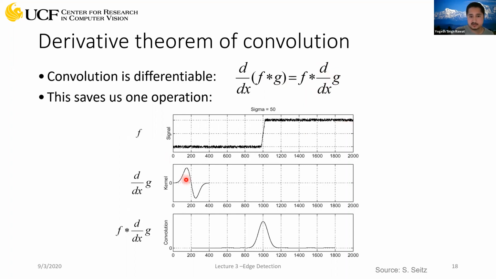Now, another question is how we get this derivative of Gaussian. Let's try to discuss that. This is also a Gaussian here, right? It's a nice Gaussian. And the way we get this derivative is, as you move from left to right, your slope is increasing, right?